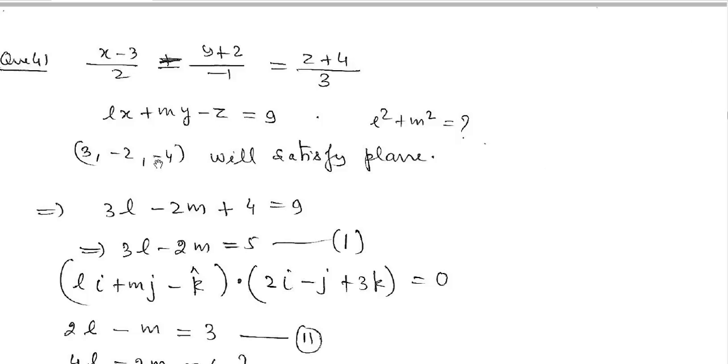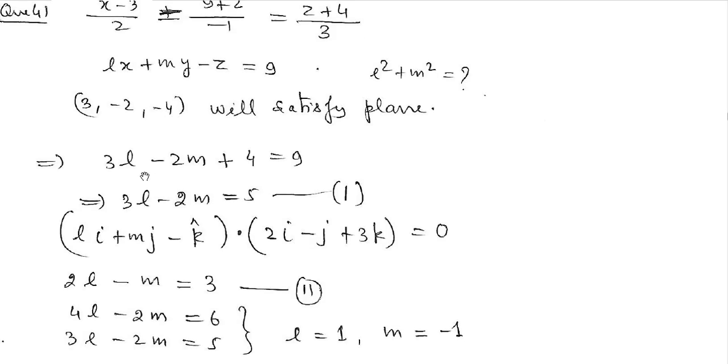Since this line lies on this plane, the line is passing through 3, -2, 4, so this point will satisfy this plane. After doing so, we get this relation and this relation.